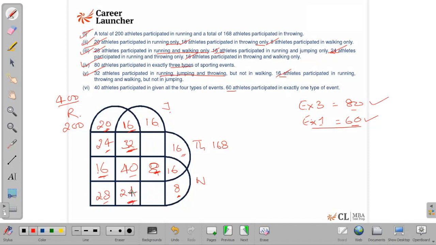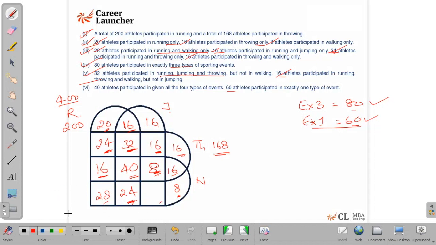Now what are we left with? Throwing is 168. If throwing is 168, we can find out this piece also by difference. 24, 16, 40, 80, 80 plus 40, 120, 120 plus 32, 152. So this is also 16.